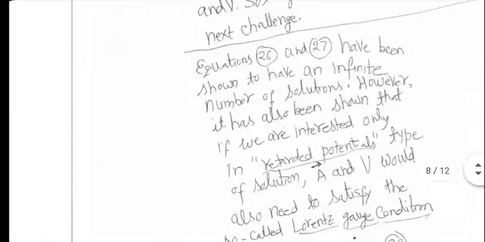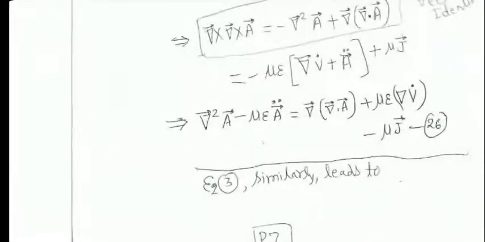In fact, if you look at this equation once again, Lorentz-Gauge condition says del dot A is minus mu epsilon V dot. If I put that in equation 26 and simplify, you can verify it for yourself.